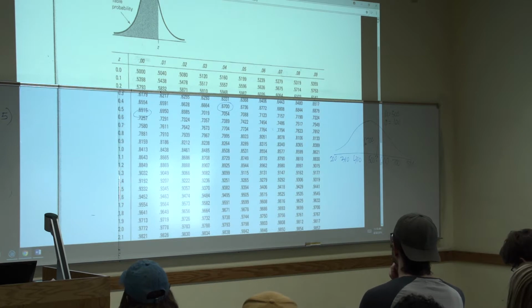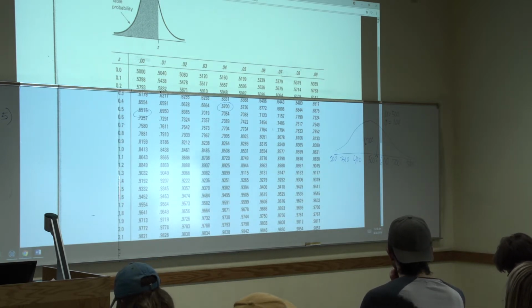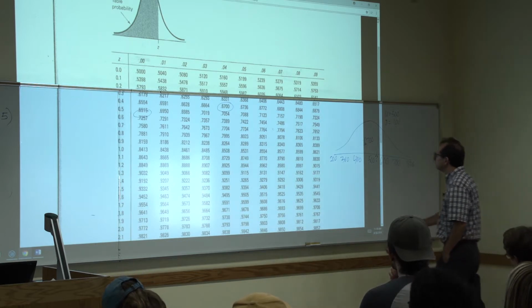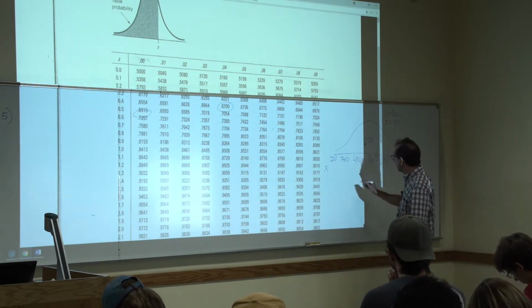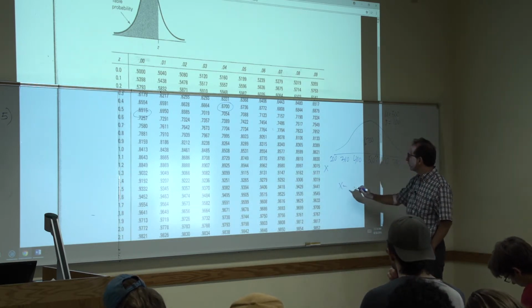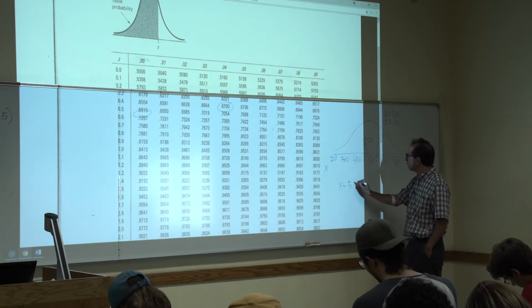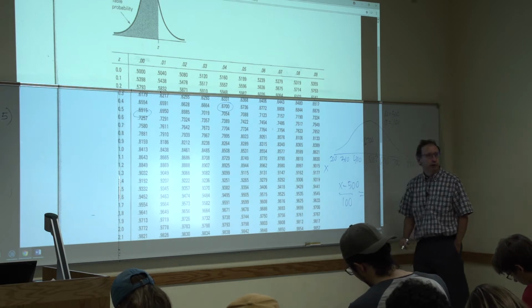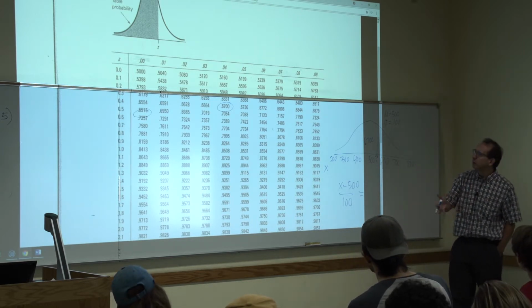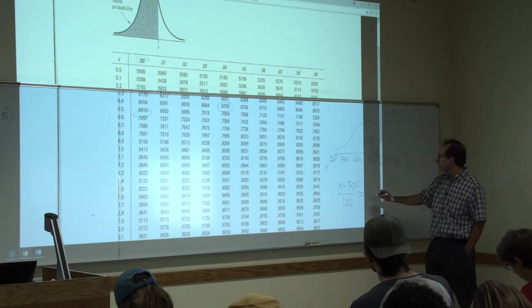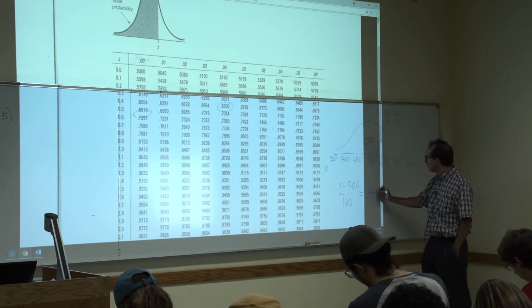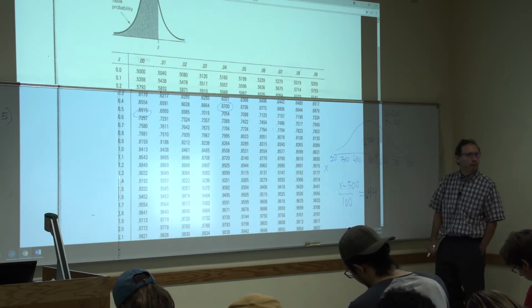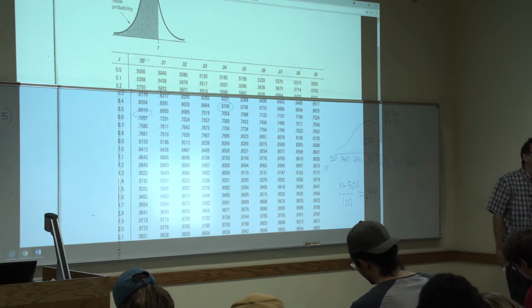And we know how to go from an x value to a z-score: we take the x value minus the mean, divided by the standard deviation, which equals our z-score, right? And here we know the z-score is 0.44. And then you just solve for x.